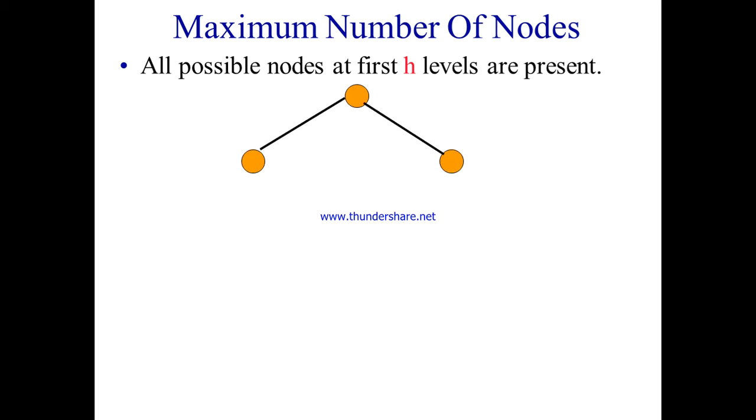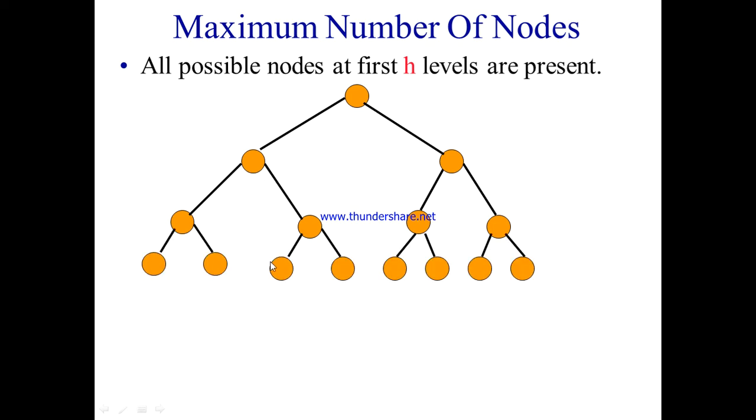The root node has 2 children, then the next level again has 2 children each. The maximum is 2, since I cannot have more than 2 children in a binary tree. Here 2, here 2, and next level 2, so for every node I have 2 children.